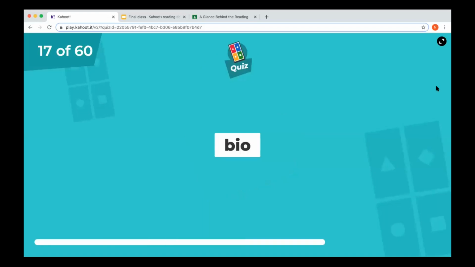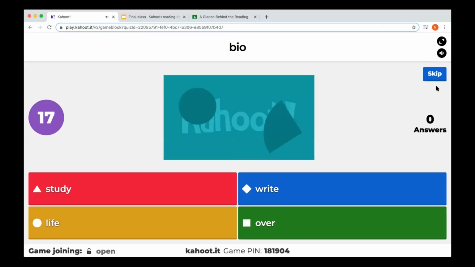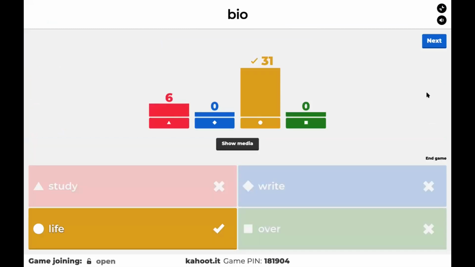Bio. Red is study, blue is right, yellow is polite, green is over. Nice.